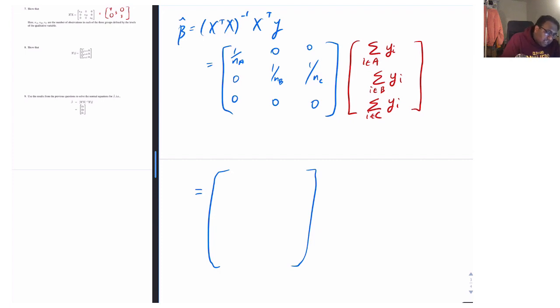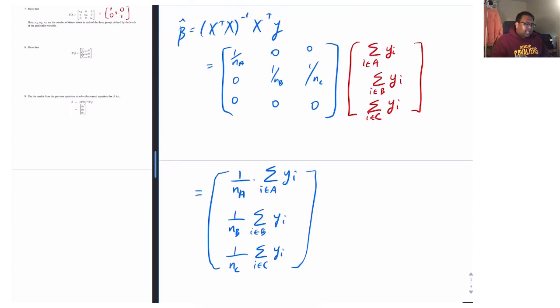And so what I mean by that is that the first row of this multiplication will look like 1 over NA times the sum over i in A of yi. The second row would be 1 over NB times the same thing for B. And the third row is 1 over NC times the same thing for C. So now I have that beta hat is equal to the sum of all of the y values belonging to a certain class, A, B, or C, divided by the number of observations belonging to that single class, right?